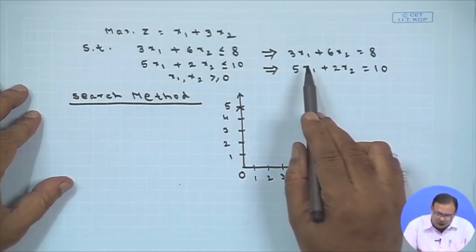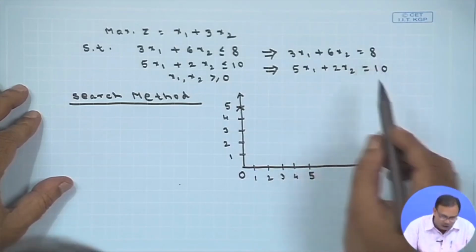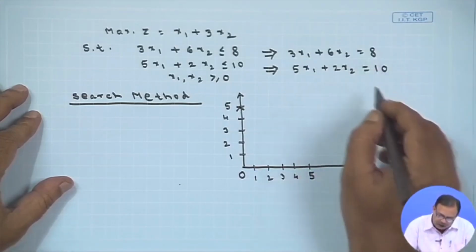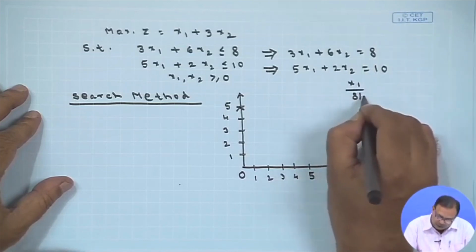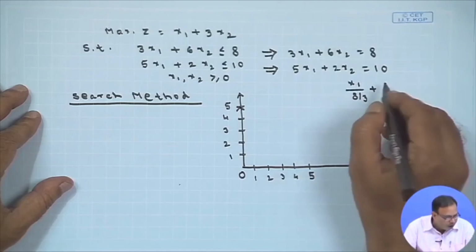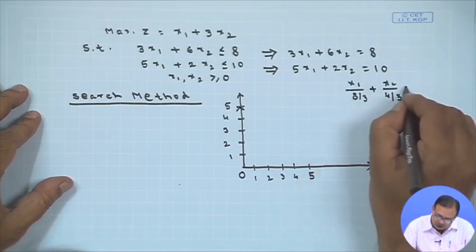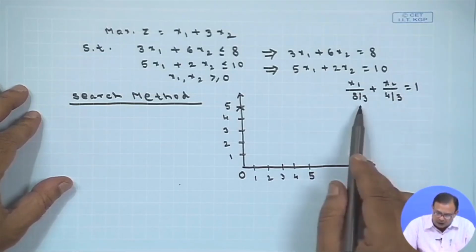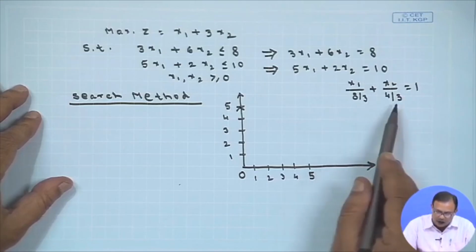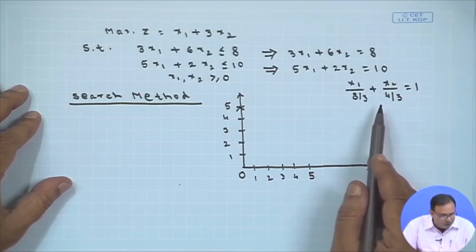The first line, 3x1 plus 6x2 equals 8, can be written in the form x1 by 8/3 plus x2 by 4/3 equals 1. So the intercepts on x1 and x2 are 8/3 and 4/3 respectively, so that the drawing becomes much easier.